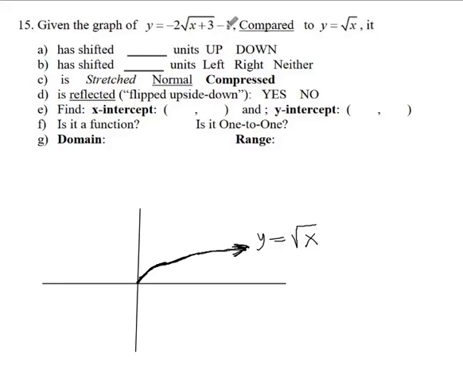Well, this number here indicates whether you shift up or down. We have minus 1, which means that you're shifting 1 unit down.